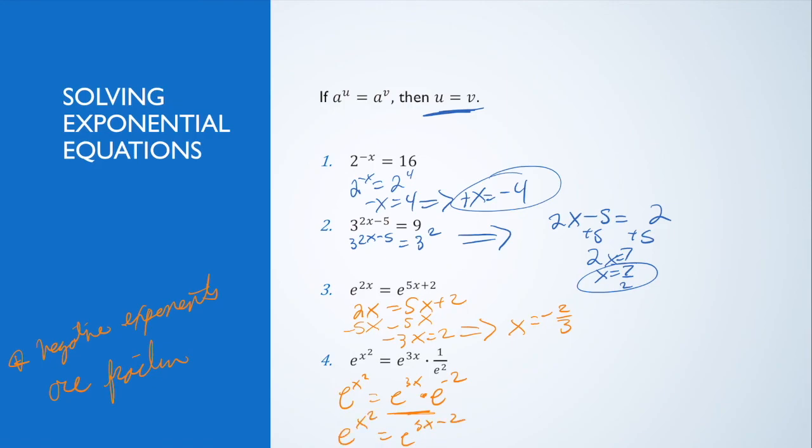So now I have e to the x squared equals e to the 3x minus 2. That gives me x squared equals 3x minus 2. I'm going to set this whole thing equal to 0 and factor. So I have x squared minus 3x plus 2 equals 0. The factors of 2 that add up to negative 3 are negative 1 and negative 2. So in this case, x equals 1 and x equals 2.